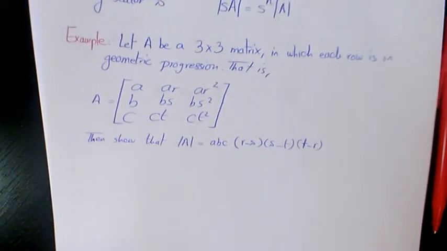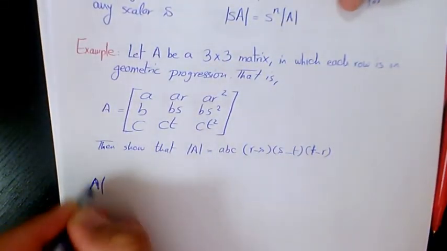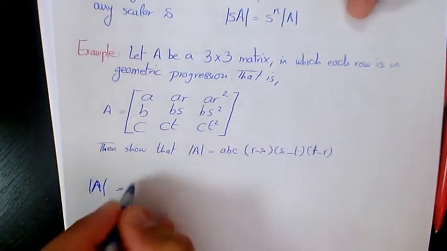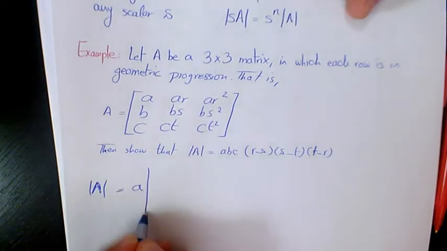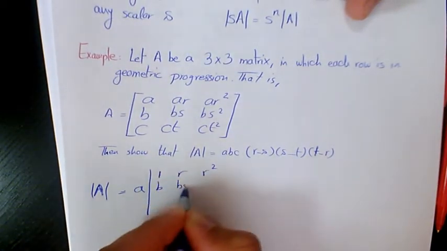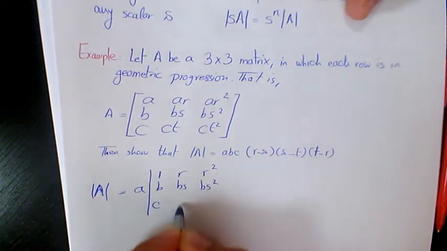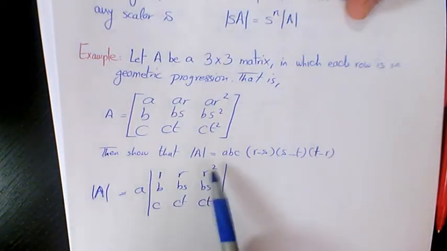So what we need to do, I'm going to say the determinant of A is, we take A out: 1 R R squared, B BS BS squared, C CT CT squared. So basically you factor A from the first row.